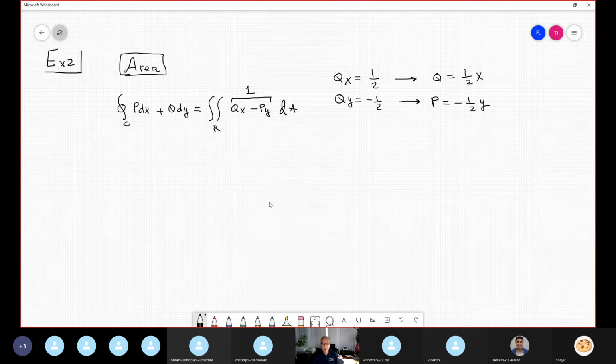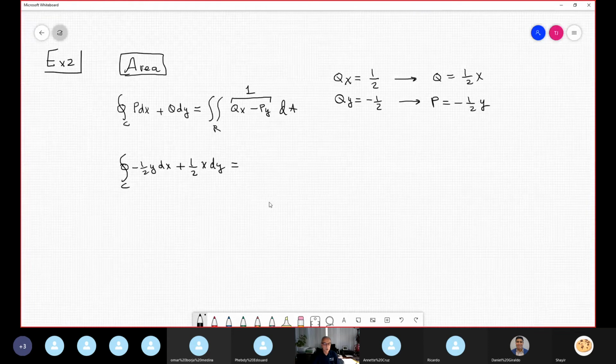Okay, pero entonces I come back, no to the double integral, sino to the line integral. So in the line integral, I compute the line integral over the closed curve, and with P and Q, the formula is minus 1/2 y dx, because P is this, plus 1/2 x dy.